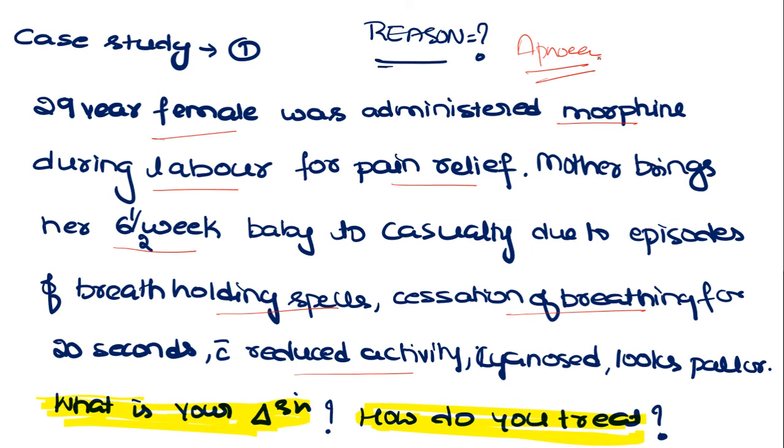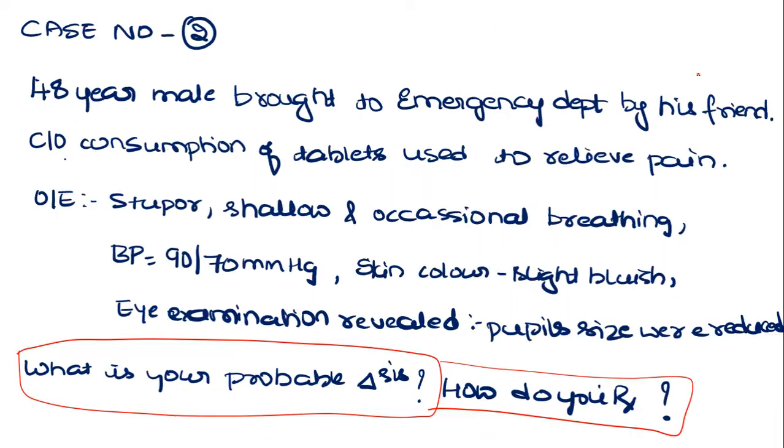So what will be the treatment for that? Treatment will be naloxone, which has to be given through the umbilical cord. Next, coming to the second case, a 48-year-old male brought to the emergency department, complained of consumption of tablets to relieve pain.